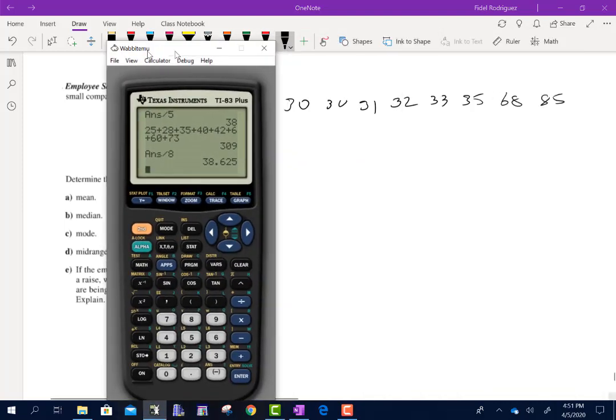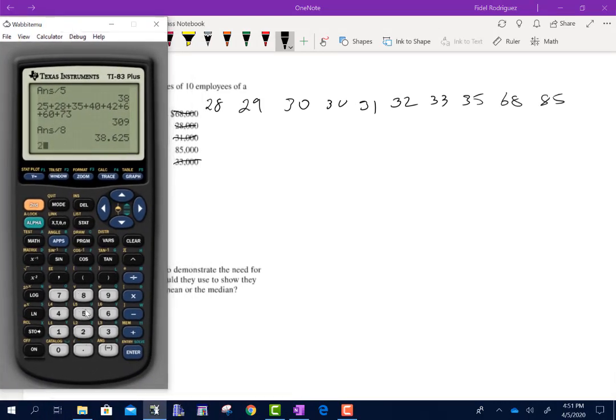Okay. So again, let me go ahead and find my average. So 28 plus 29 plus 30 plus 30 again plus 31 plus 32 plus 33 plus 35 plus 68 and 85.